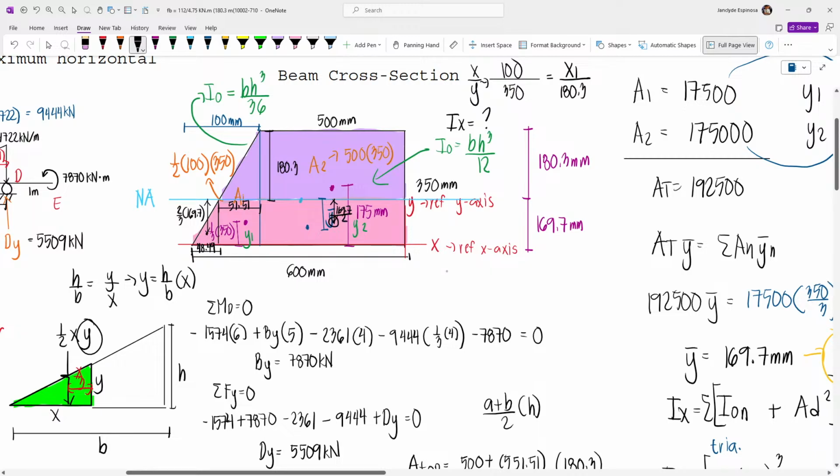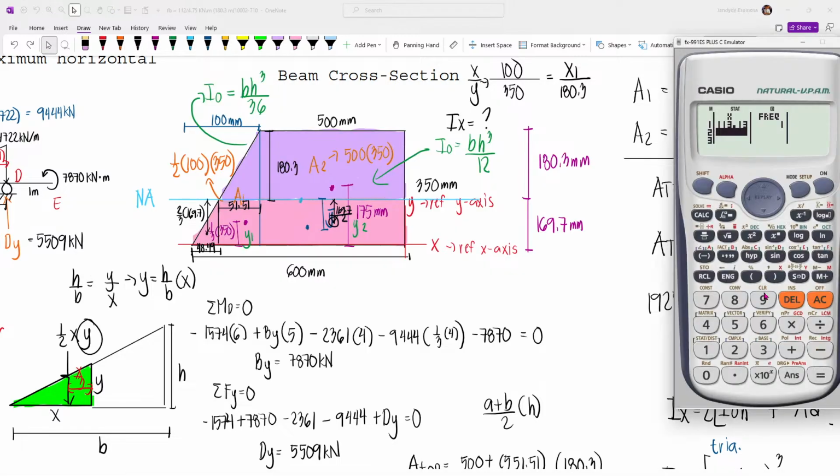Centroid sa, wait, kanang rectangular area. Wala na siya itong gikuha. So 169.7 over 2. And then akong area is, ang area sa triangle, di ba, 1/2 times base nga 48.49 multiplied by the height nga 169.7 na.